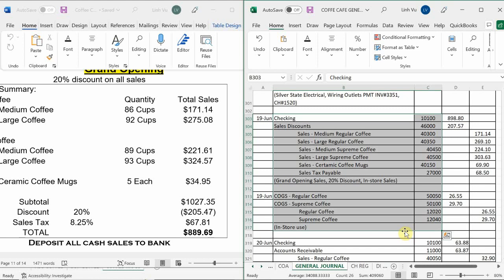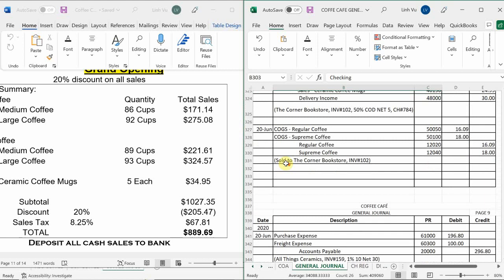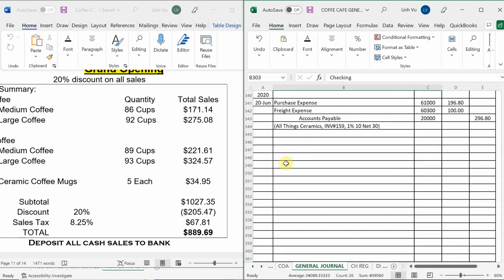Okay, you would use sales regular coffee. This is the grand opening sales. Give me a second. Anybody else want to try? How would you journalize this transaction?